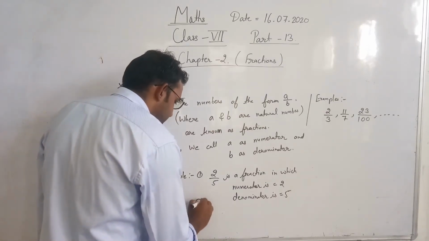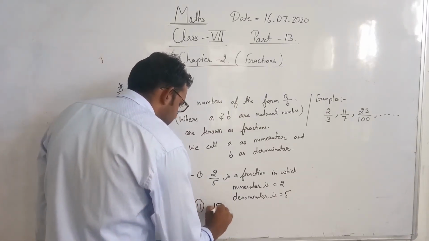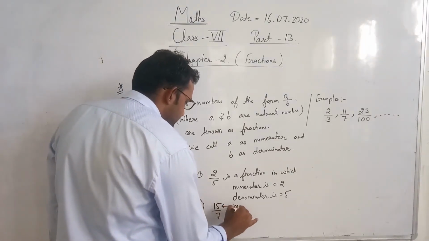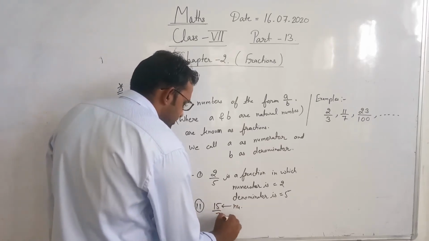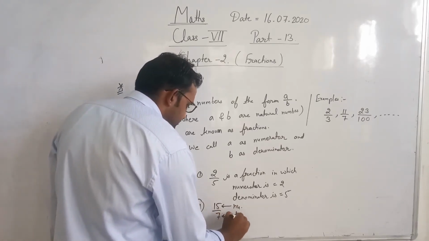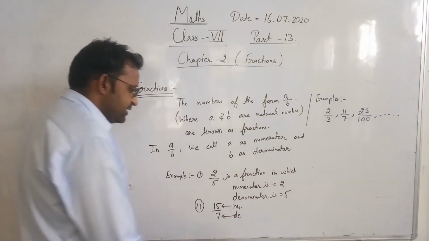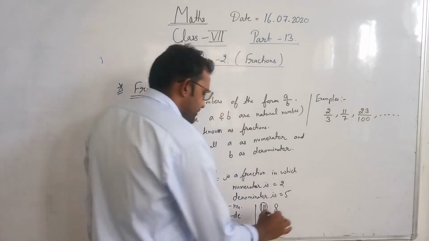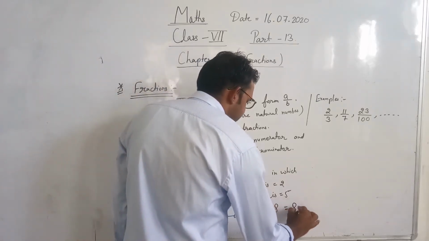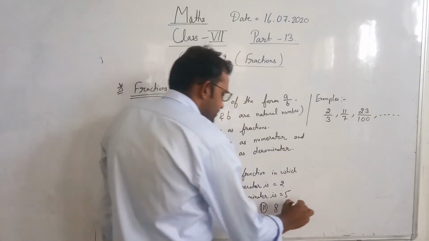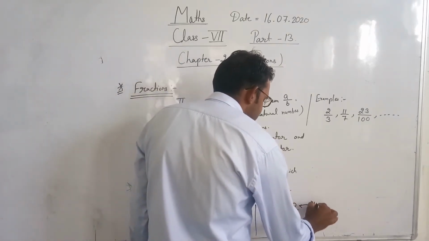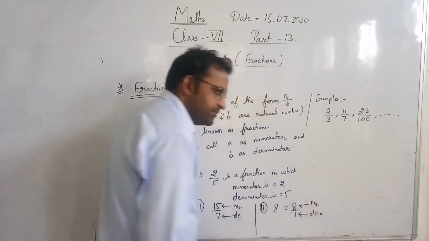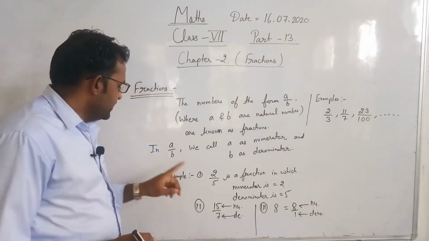Next example, number 2, 15 upon 7. So 15 is the numerator and 7 is the denominator. Next example, third, 8 upon 1. So 8 is the numerator and 1 is the denominator.